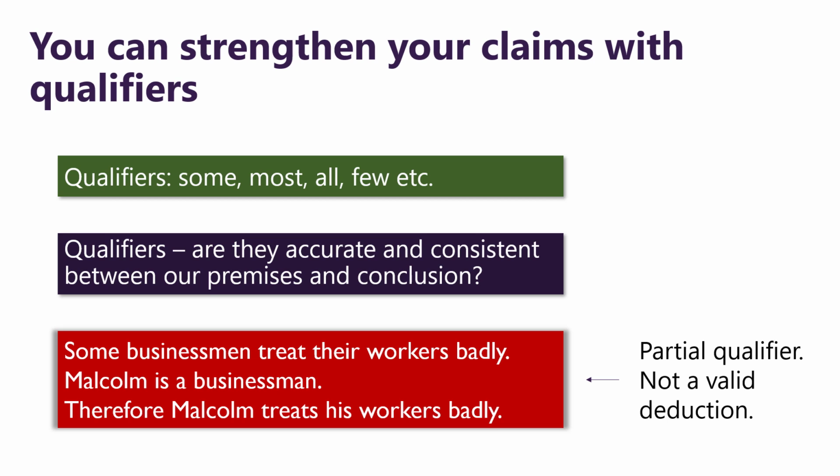However, this is a partial qualifier and therefore not a valid deduction. The first major premise indicates that only some businessmen treat their workers badly. So, while Malcolm may be a businessman, he could fall into the category of those that do not treat their workers badly. And this is likely to be a much bigger category according to the major premise, identifying that only some businessmen treat their workers badly.